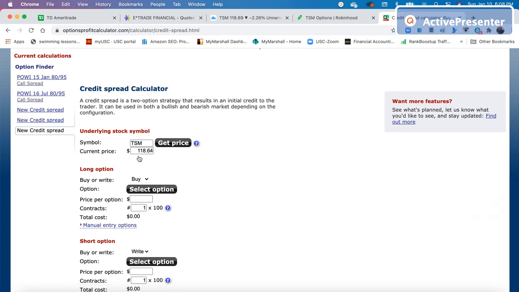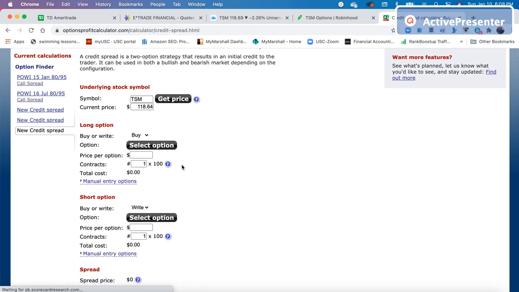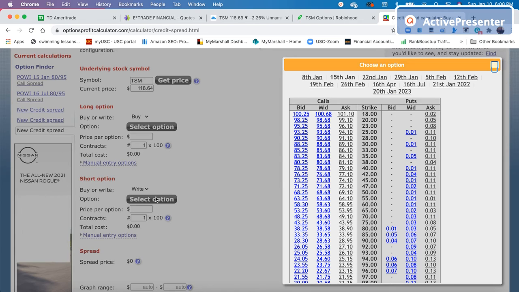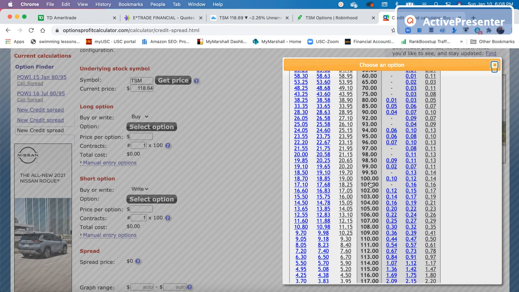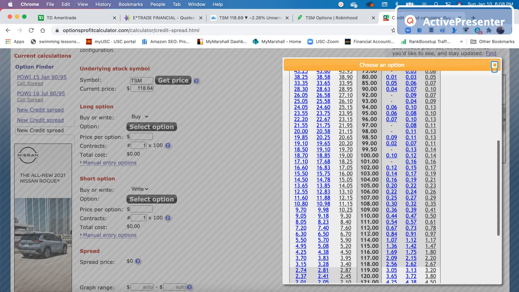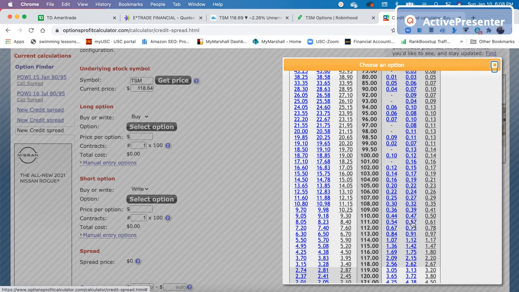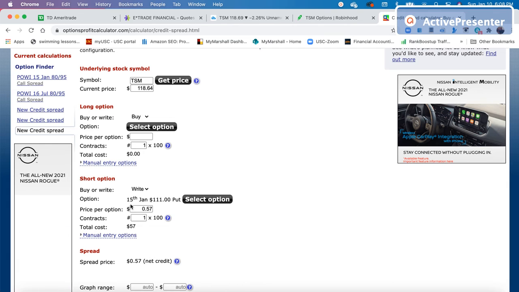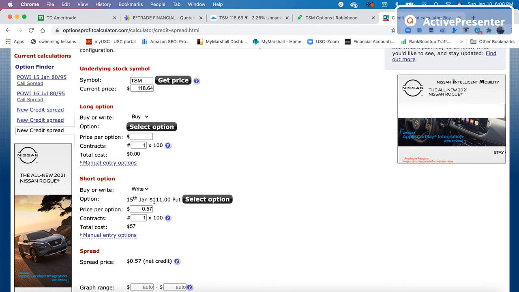The stock price for TSM is $118.67. Remember our sell put was 111, so it's 111 right here. I remember our expiration is the 15th of January, which is next Friday.